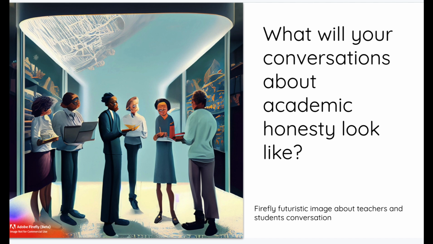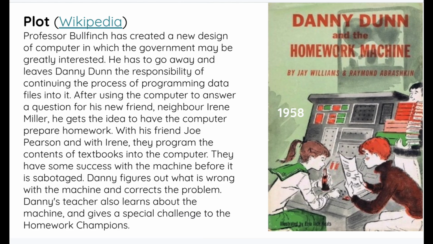Now let's just finish up with how academic honesty is going to look in an AI environment. Some of you who are as old as I am may remember this example of science fiction, Danny Dunn and the Homework Machine. Well, we don't want our students' use of AI to have an ATM kind of effect. That's not what we're looking for.